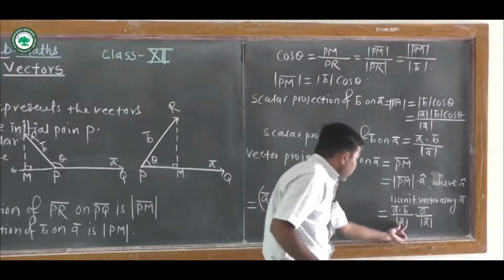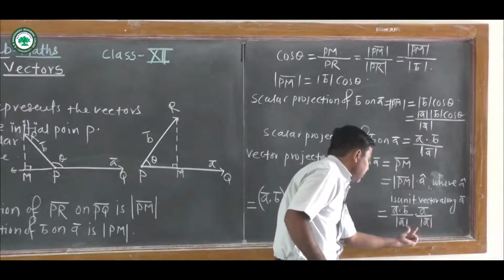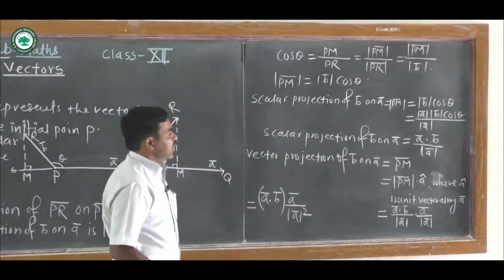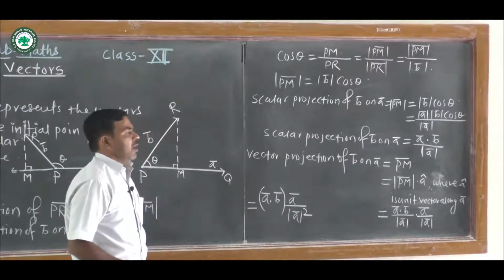See, magnitude of vector A into magnitude of vector A becomes magnitude of vector A square, and this is the vector projection of B bar on A bar.